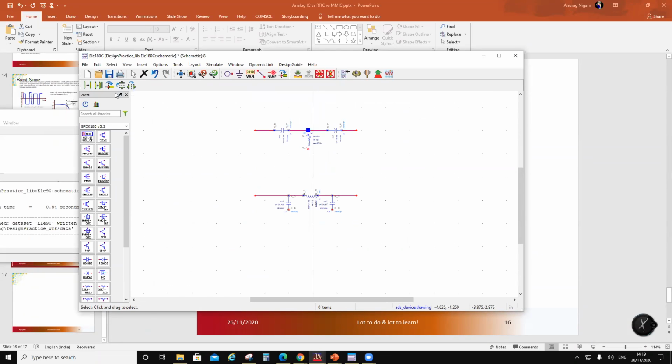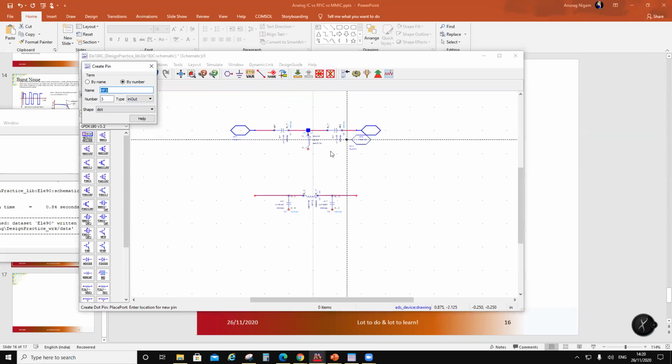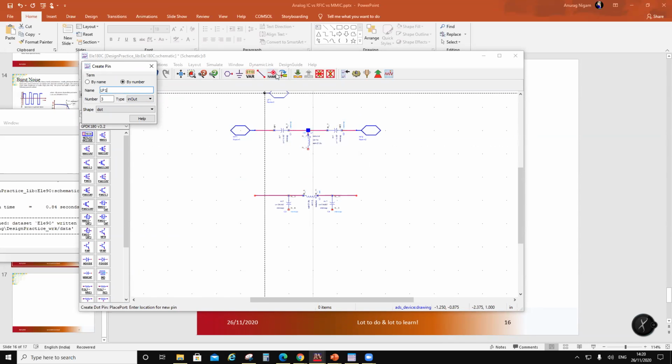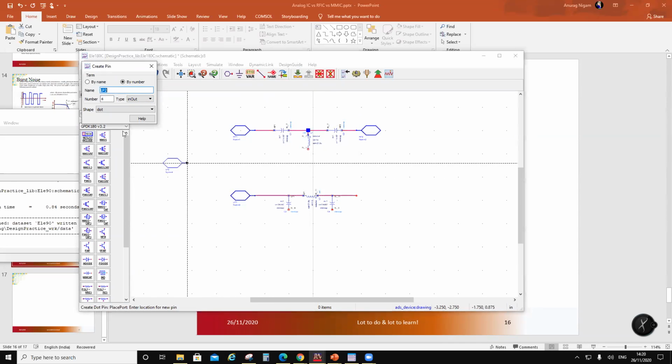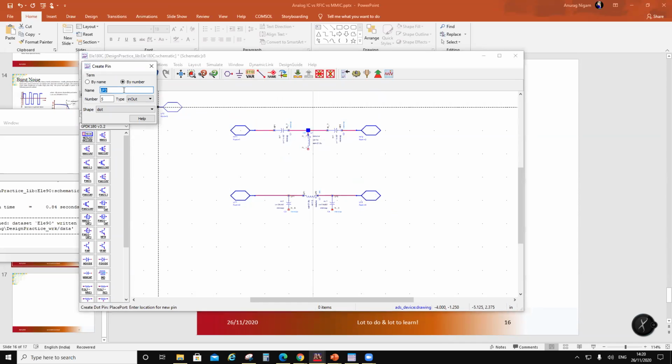And I have HP1, HP2, LP1, and LP2, and ground.